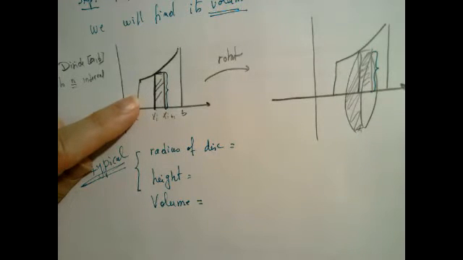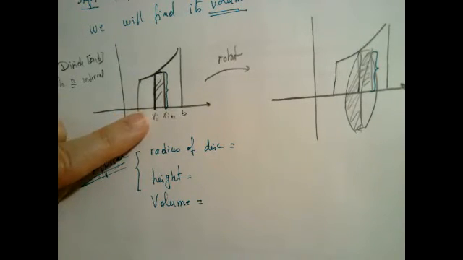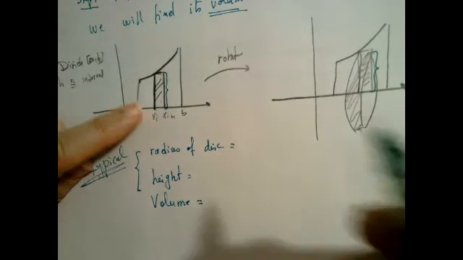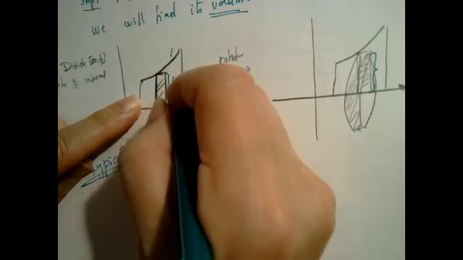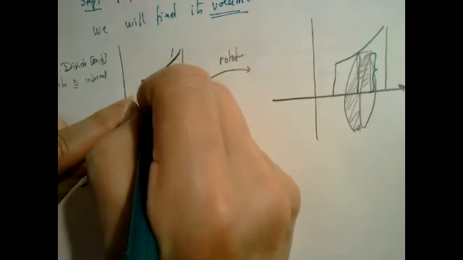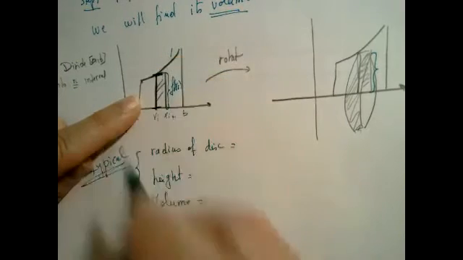What is the radius of this disk after we rotate it? Exactly. It's the value of the function at x_i, f of x_i. It's from here to here. That's the radius.